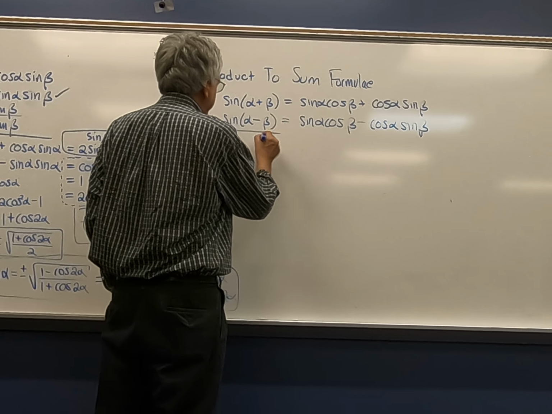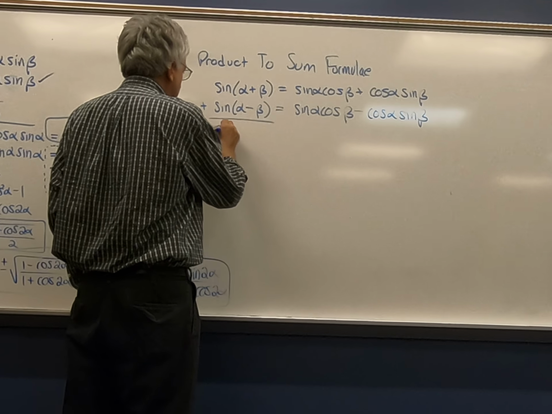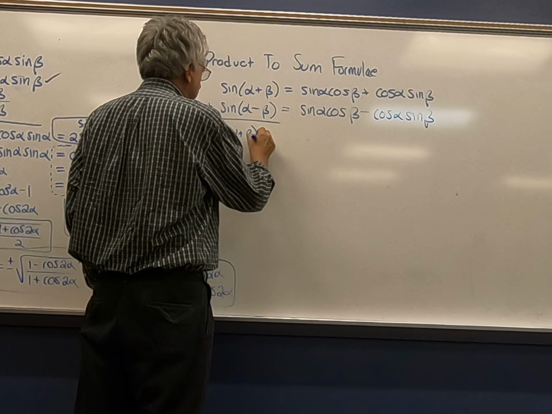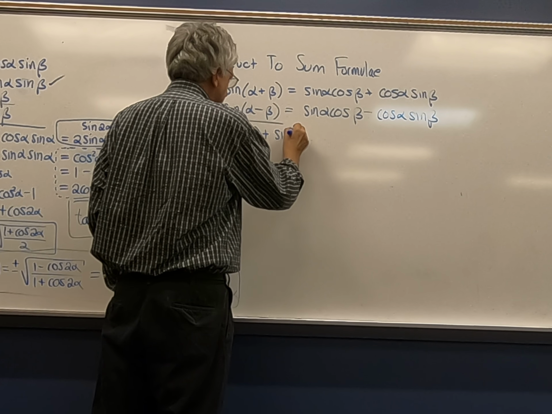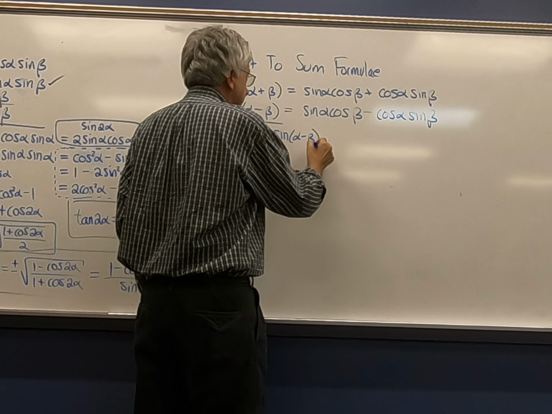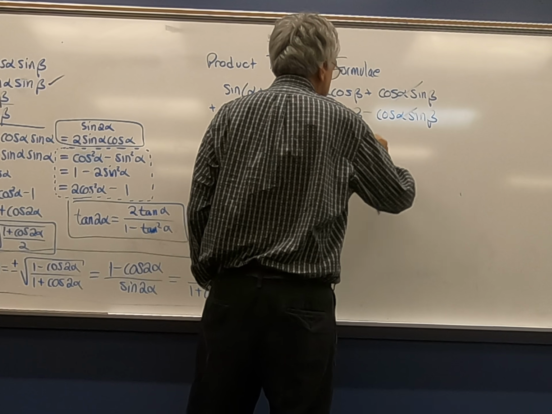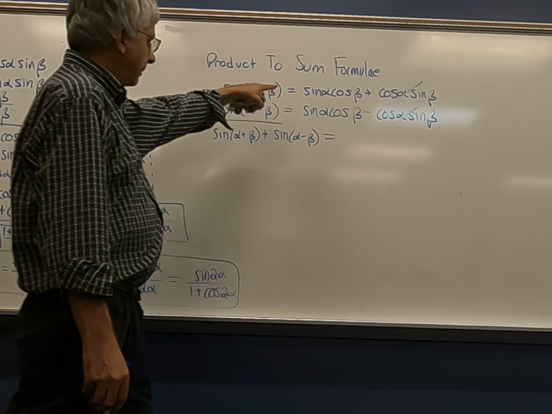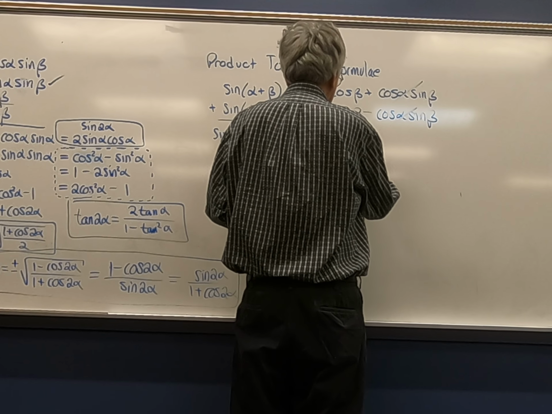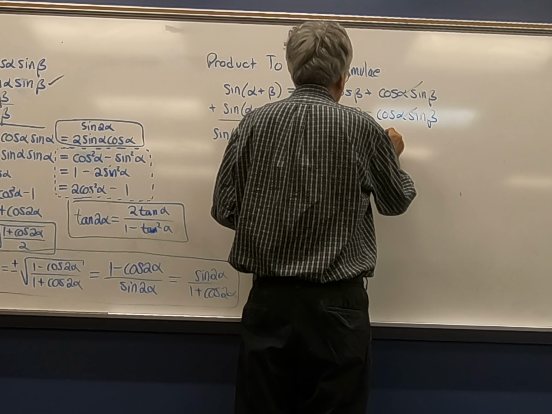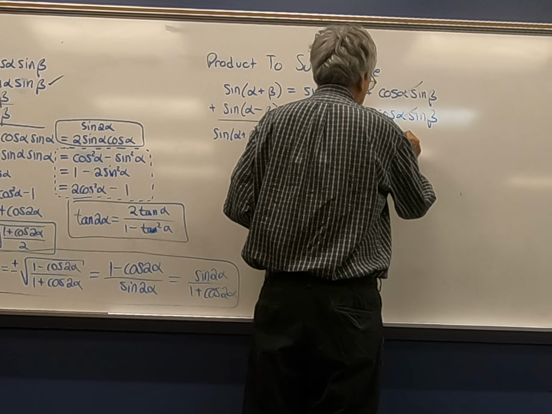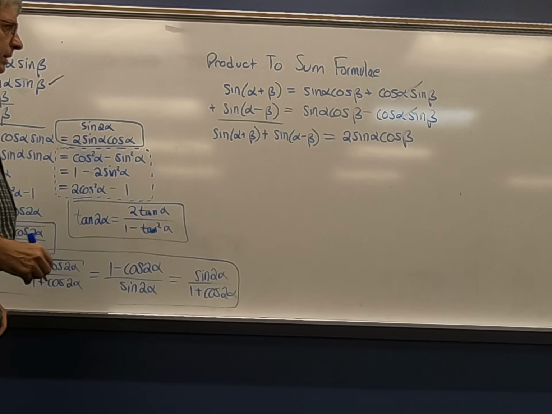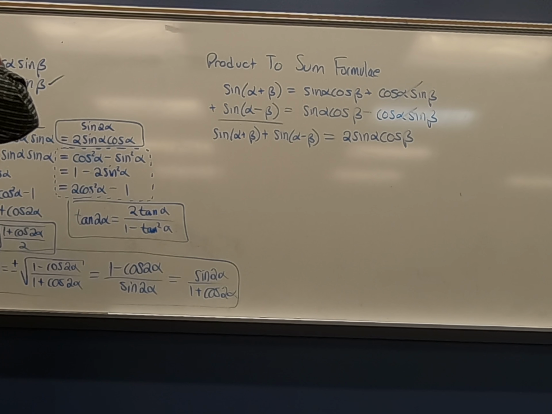So add these up, and you get sine of alpha plus beta plus sine of alpha minus beta is equal to what? Well, these guys cancel out, right? When I add them up, they're opposites. These guys double up. And so I can solve for the product, right?